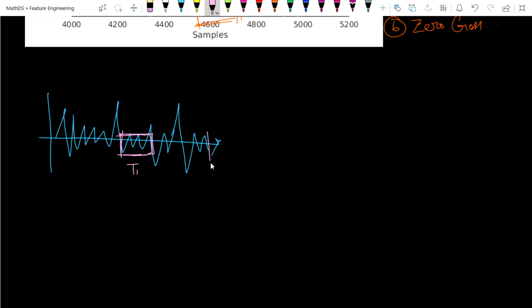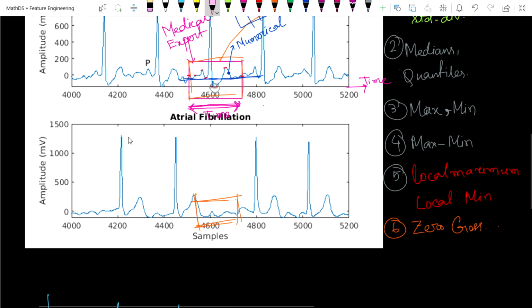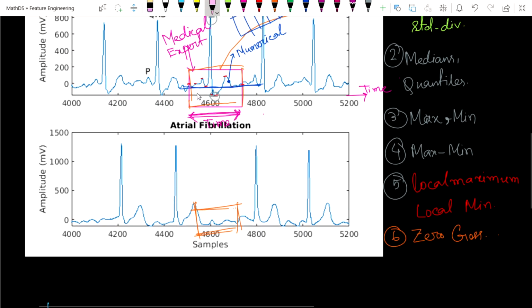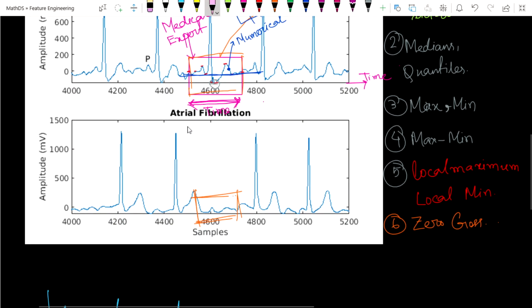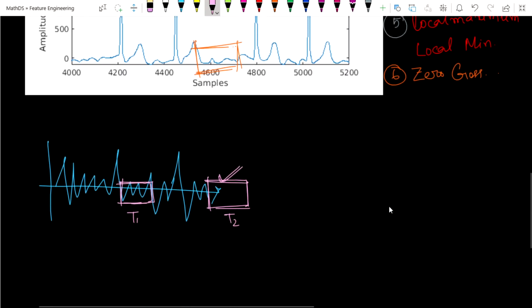Now we have to predict what the chance is at time t2: is it possible to get a heart attack or not? From this explanation you got the idea of the main differences between the normal person's rhythm and atrial fibrillation. Based on these features you can take decisions by comparing them.